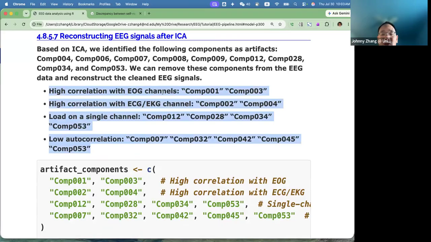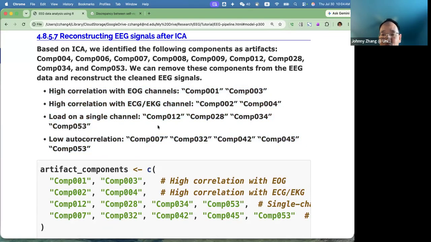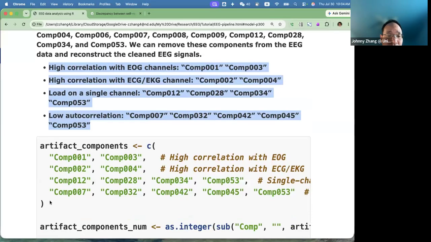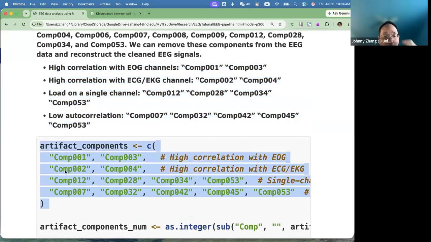I'm mainly using the statistical methods because reading the topographic plots and the time course plots is still difficult for me to identify those artifacts. You may be able to do that more effectively, but I just use methods based on statistics. Those are also potential artifact components we can identify.